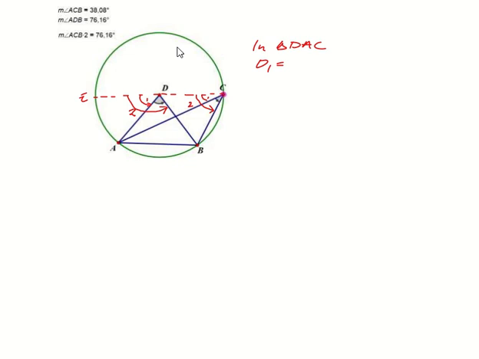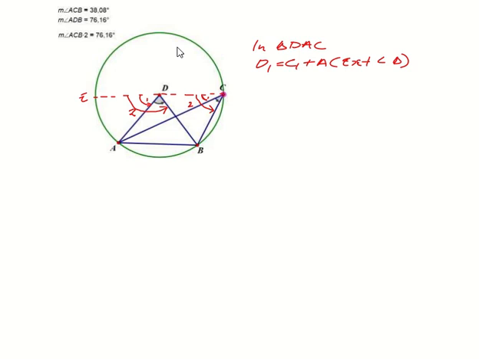So it is equal to this small angle here, which is C1, plus A here. So it's equal to C1 plus A, right? That is the exterior angle of a triangle is equal to the sum of the interior opposite. Fine.